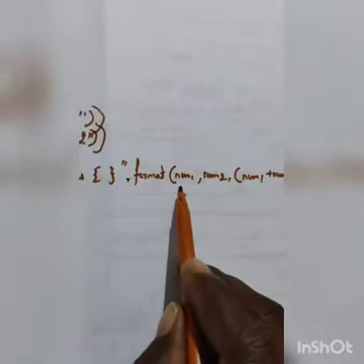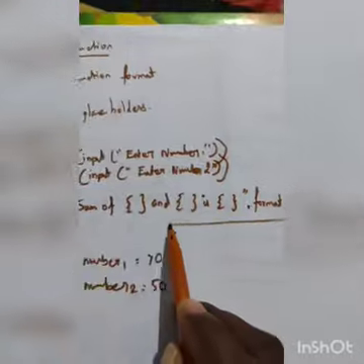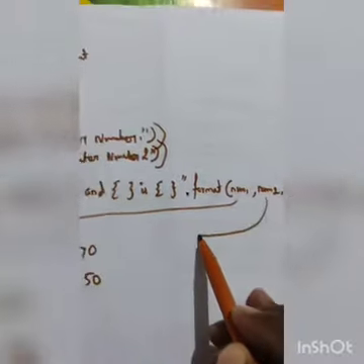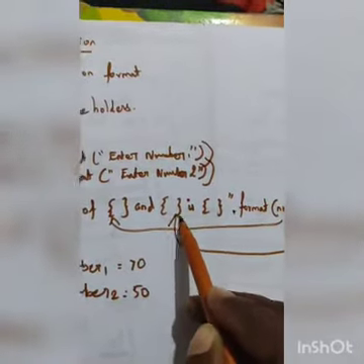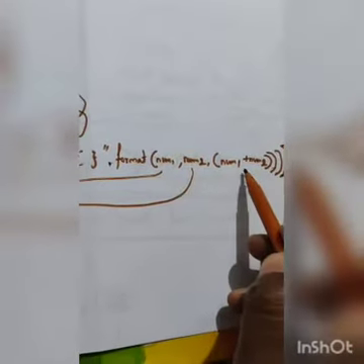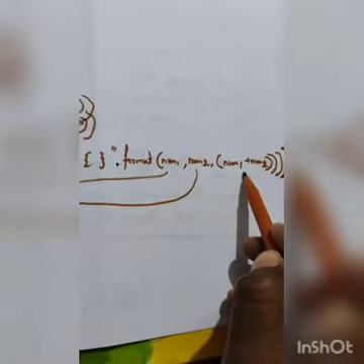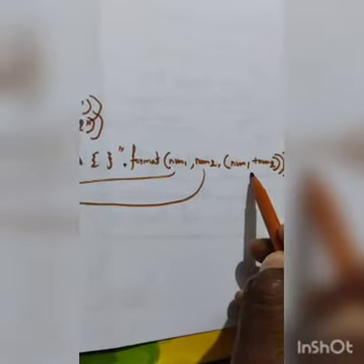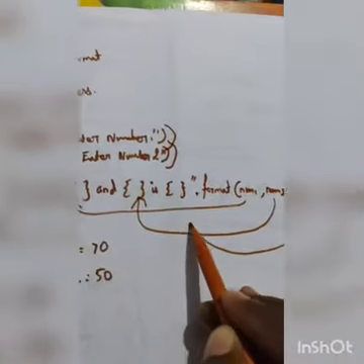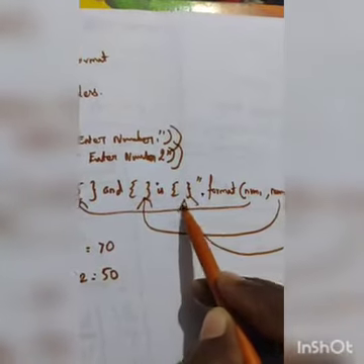So num1 goes in the first curly braces, num2 goes in the second curly braces, and then num1 plus num2, the addition of both, goes in the third curly braces.